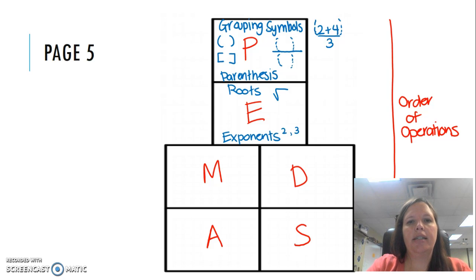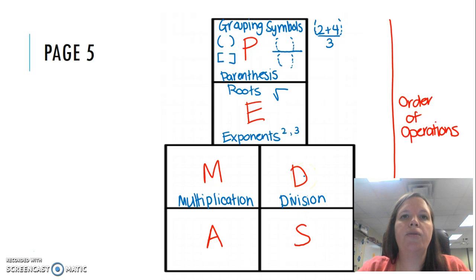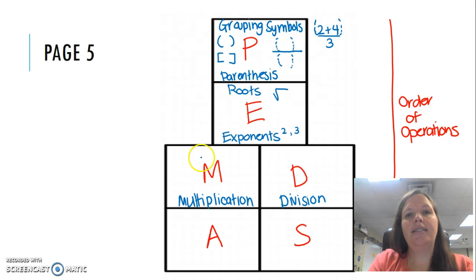Okay, next comes M for multiplication, and D for division. Notice these are on the same level. What a lot of people think when they see PEMDAS is that M comes first, so multiplication first, and then D, division second. And that's not how it works.